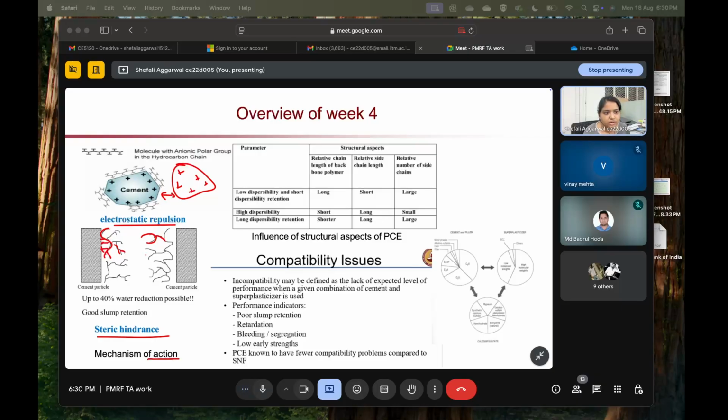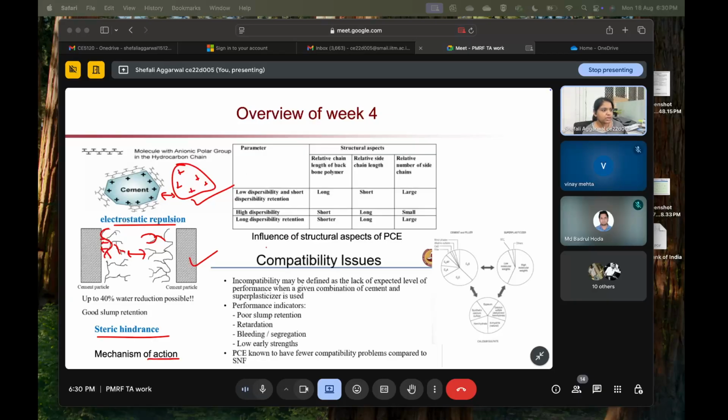So there is a hindrance between the different molecules, which is called steric hindrance. So this is the mechanism of action of your PC based superplasticizer, and this is the mechanism for your other types of superplasticizer, the first and second generation.